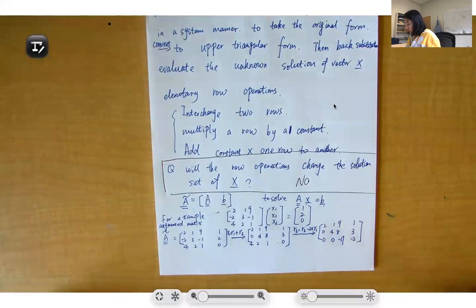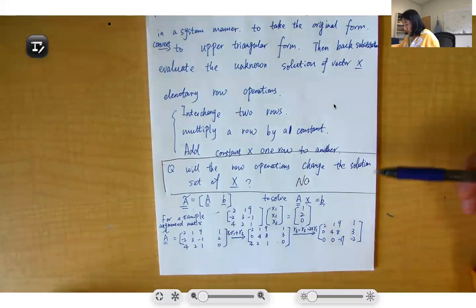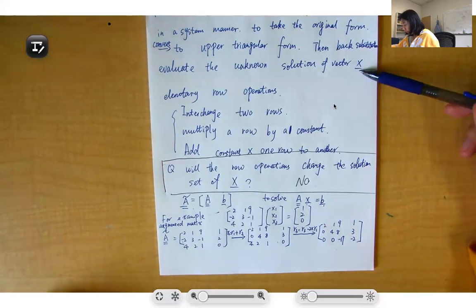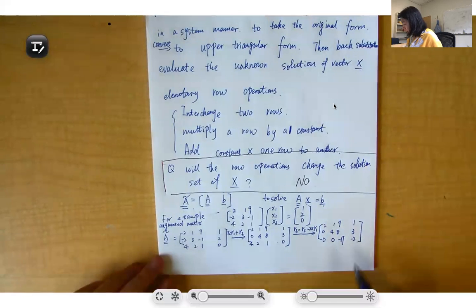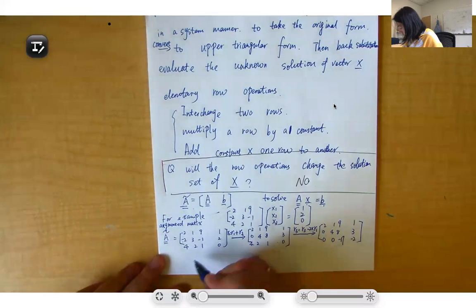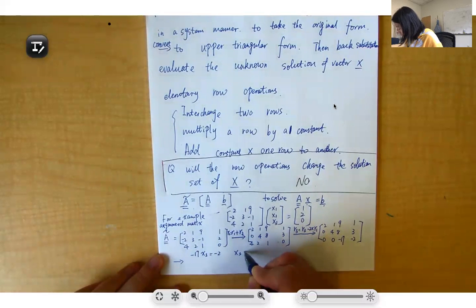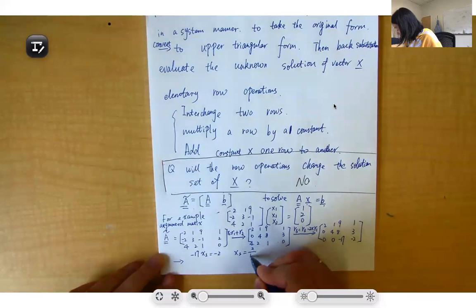Then you can use back substitution to evaluate your final solution set x. Here you know minus 17x3 equals minus 2, so x3 equals 2 over 17.